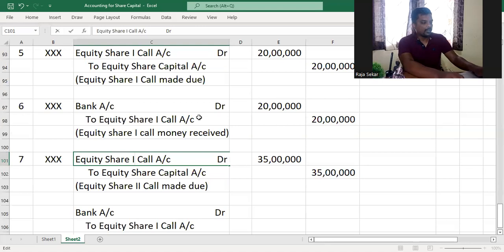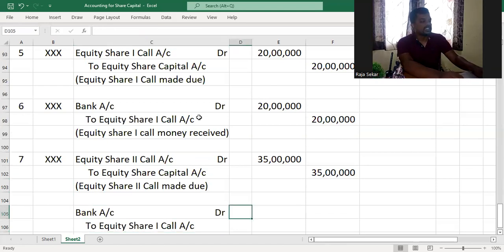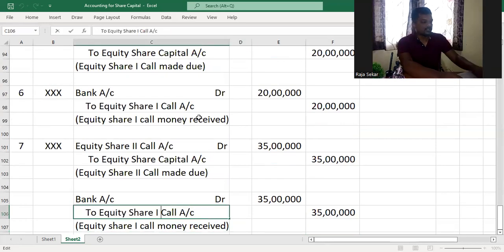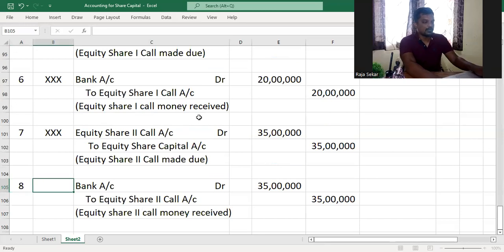The journal entry will be equity share second call account debit to equity share capital. And when we receive the second call money, bank account will be debited and equity share second call account will be credited. So that will be bank account debit to equity share second call. So it's as simple as that, my dear children.